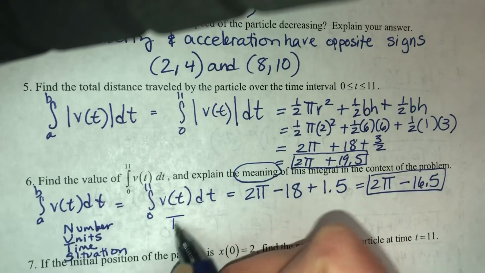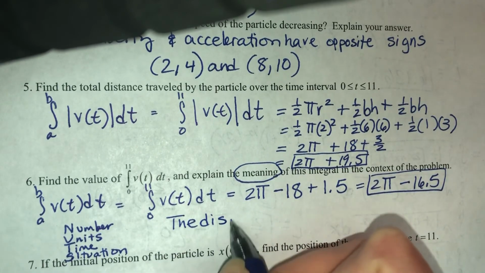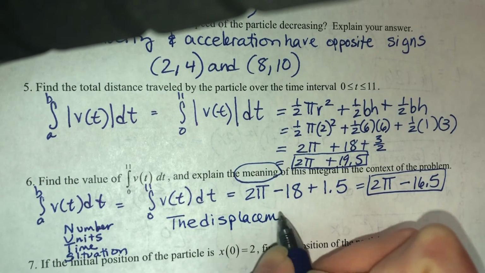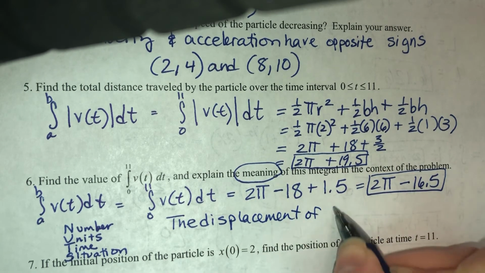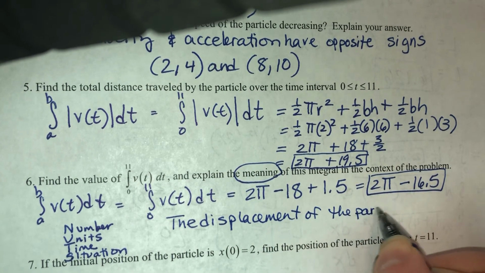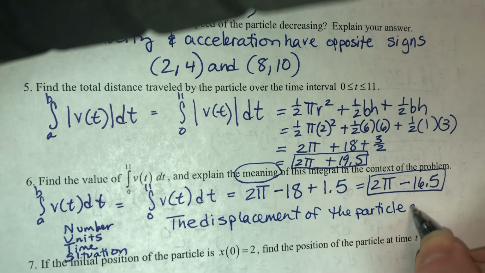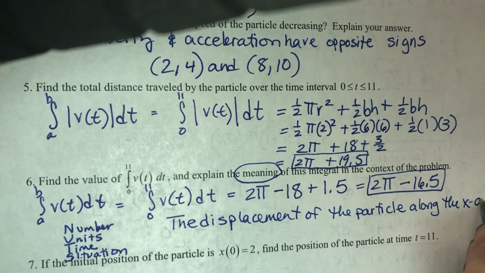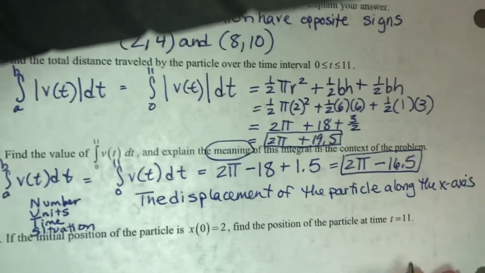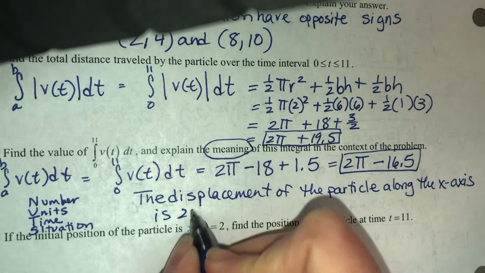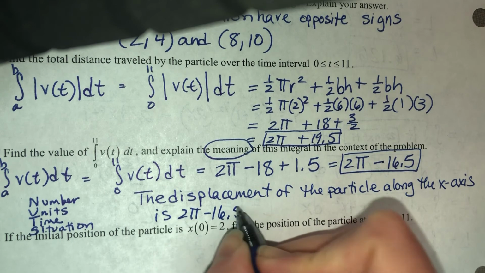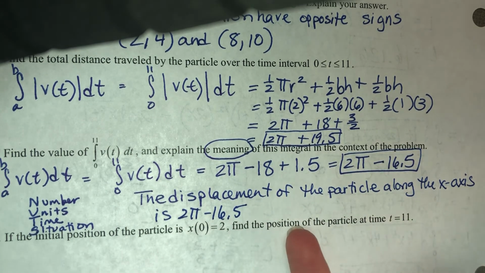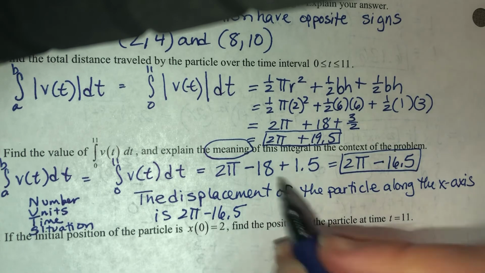So the displacement of the particle, so this is relating to the situation along the x-axis, is 2 pi minus 16.5. It would have units if they gave us units in the problem, but since they didn't, we don't need them.